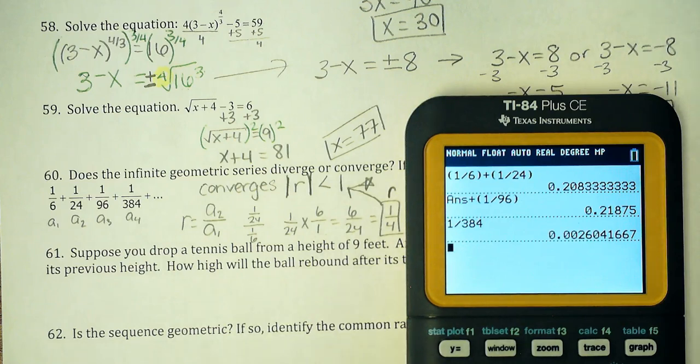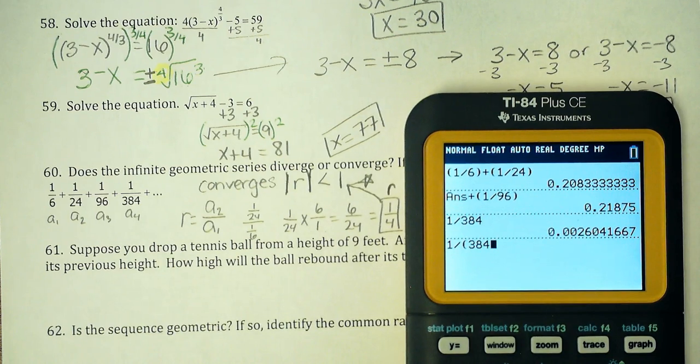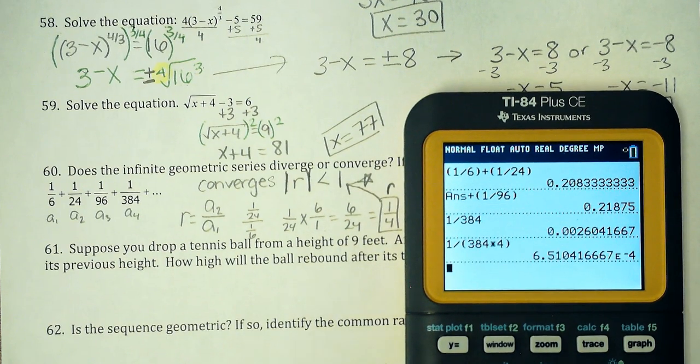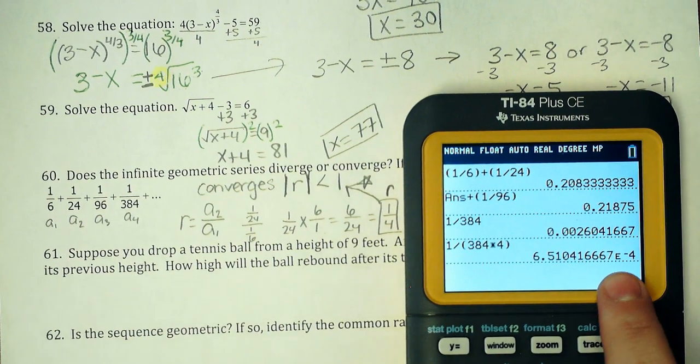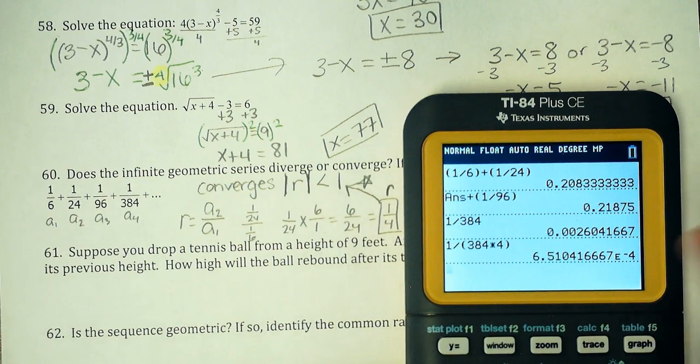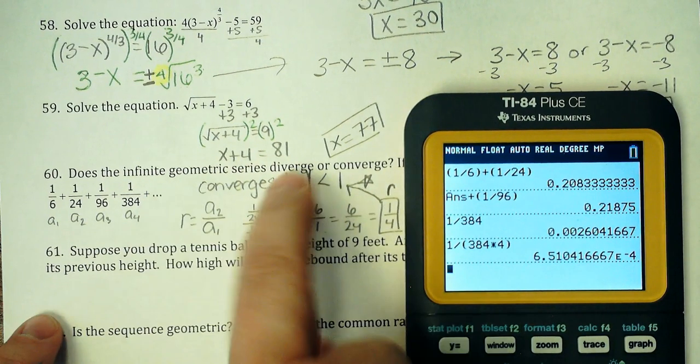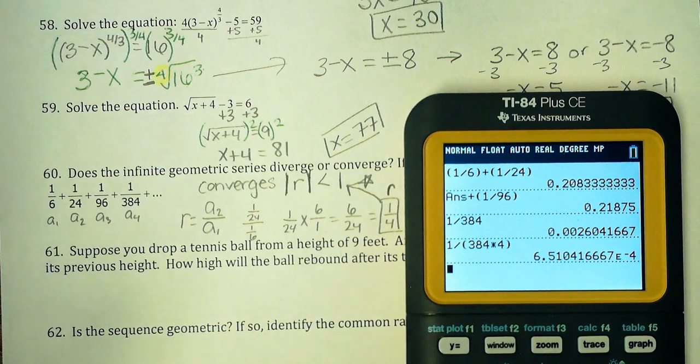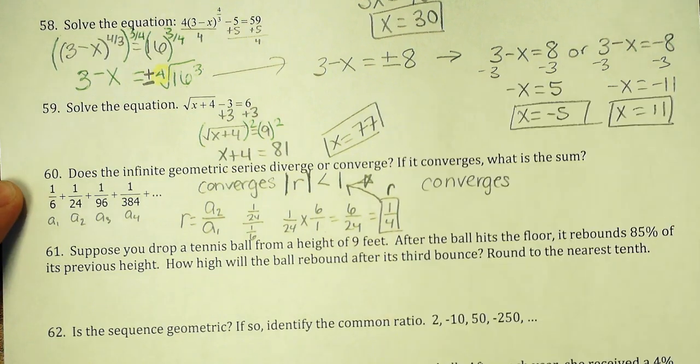The next term in that would be 1/384 times 1/4, whatever that is. But the next term I add is so small, we've got like 10 to the negative 4th power. So as these keep going, you have teeny, tiny fractions. So it literally is like you are adding nothing. And that's why it actually converges to a sum.